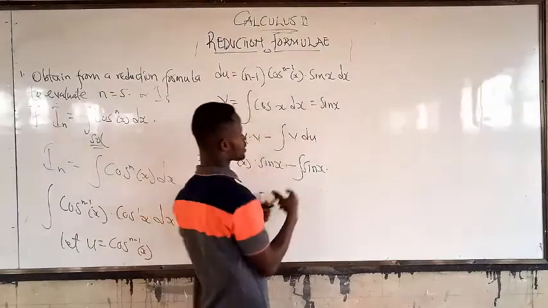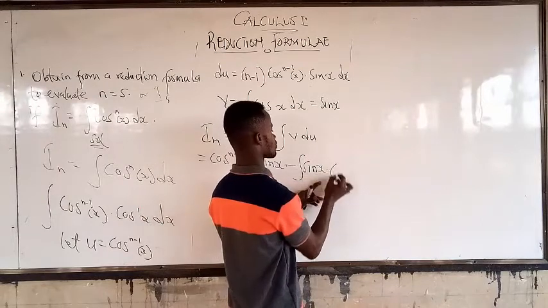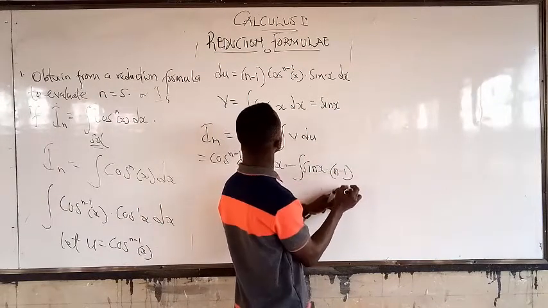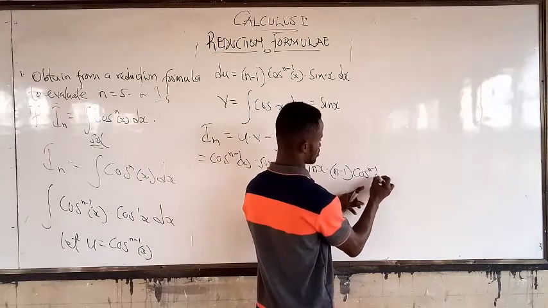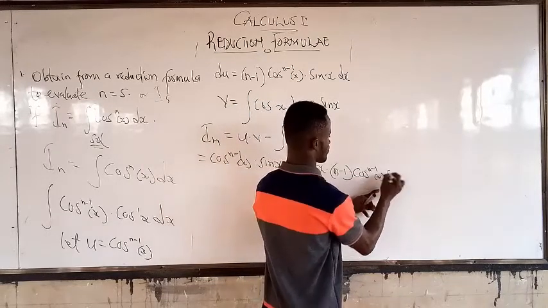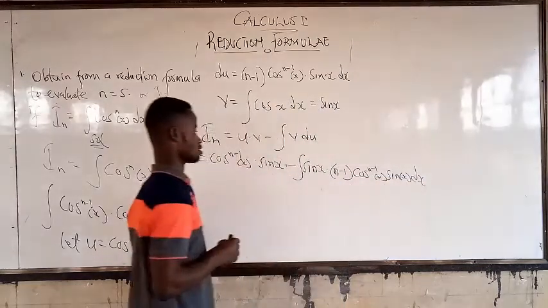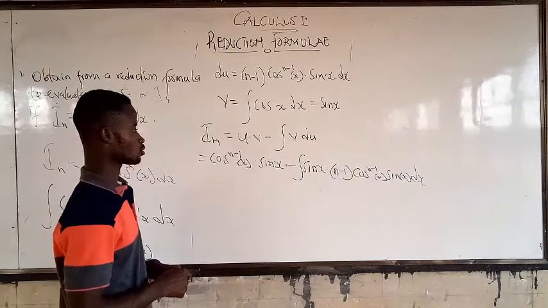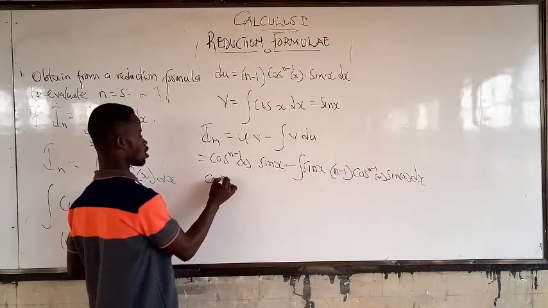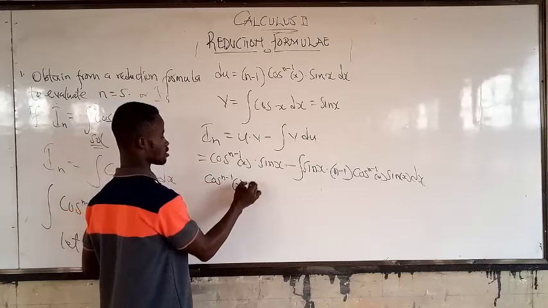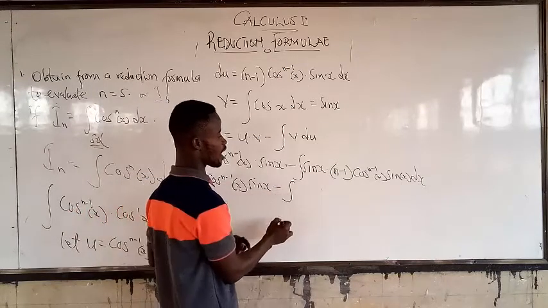That is the whole of what is here. So we need a space. n minus 1 cos^(n-2) x sine x dx. Very good. So here by simplifying, we get cos^(n-1) x sine x minus the integral of.